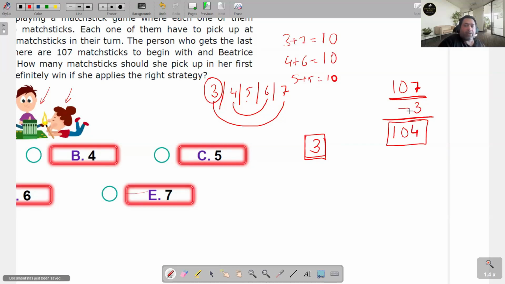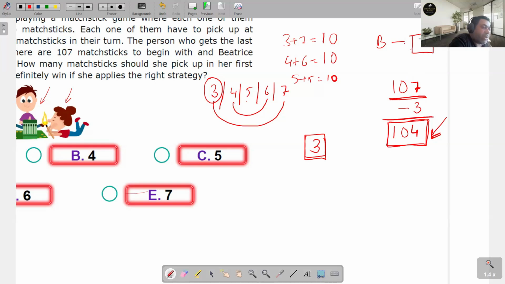Now Beatrice, understand, the total matchsticks is 107. If Beatrice goes first and picks up only 3 matchsticks in her first turn, then there are overall 104 matchsticks left. Sorry, if she picks up 4 matchsticks, my mistake.